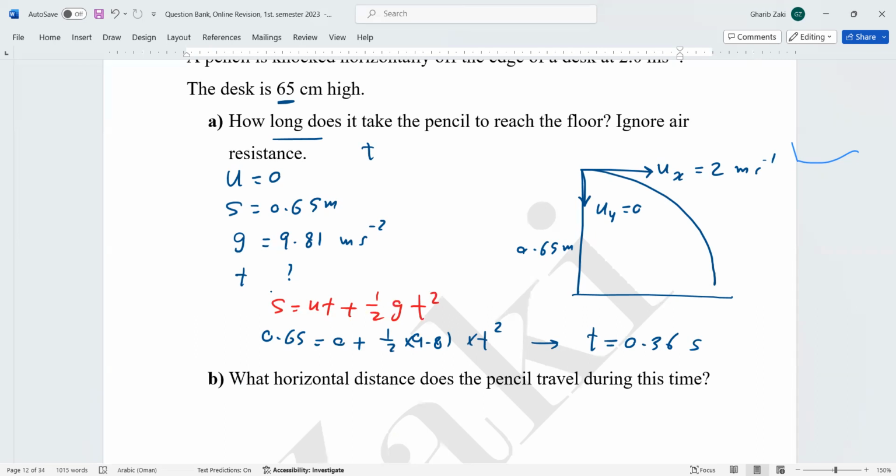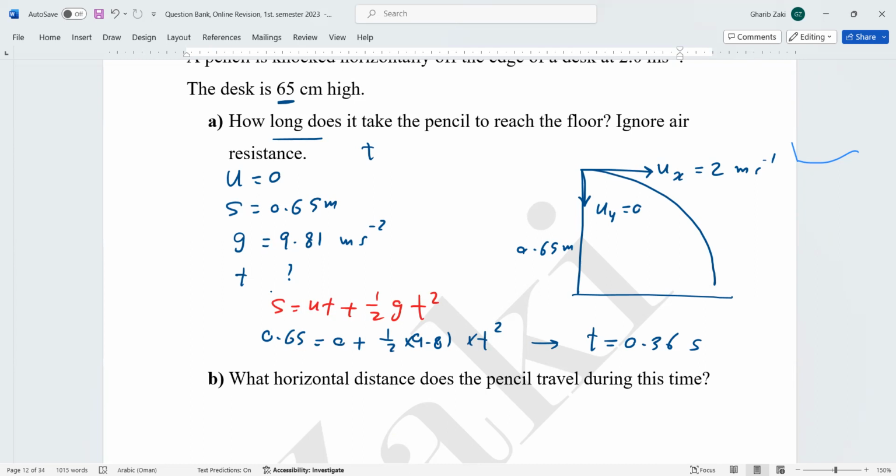0.65 divided by (half multiplied by 9.81) equals, so the answer is 0.33, not 0.36. Why? Again, 0.65 divided by (half multiplied by 9.81).